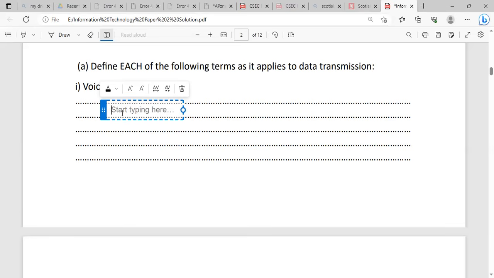So first of all, let's just write the bandwidth of 3000.